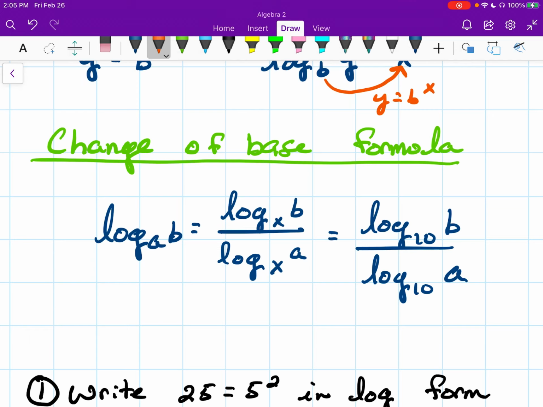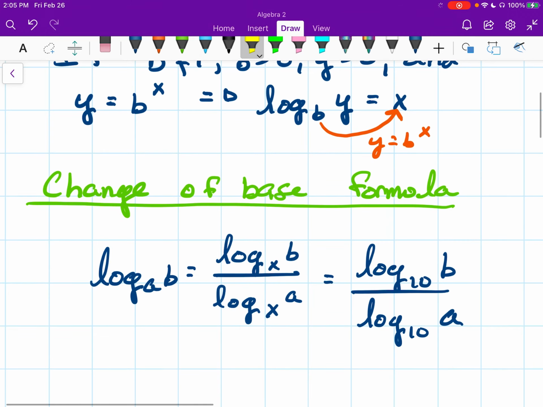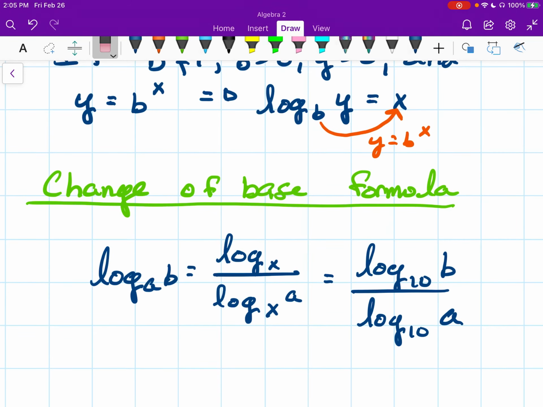So if we have log base B of A, it is equal to the log base X of A over the log base X of B. So this is the general formula here. And again, this doesn't necessarily make a whole lot of sense, but it's going to be important later on.